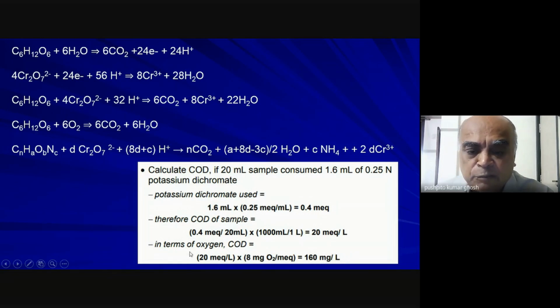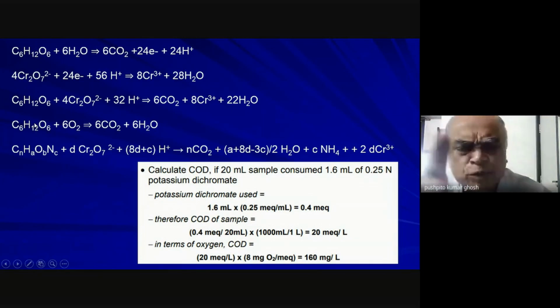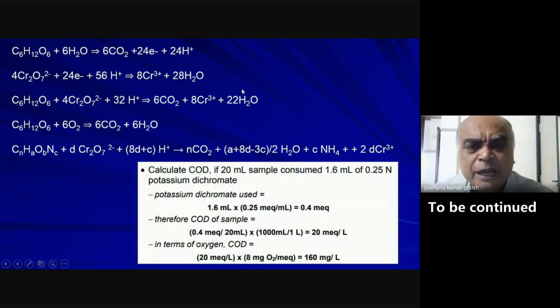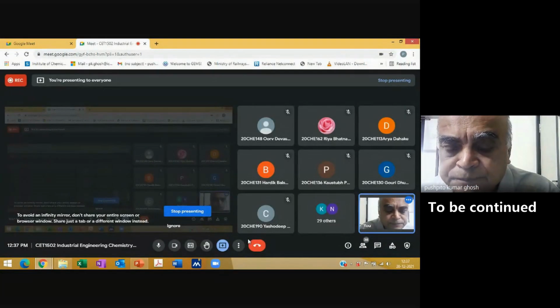So I can express the COD either in terms of my oxygen, or in terms of the MEQ of dichromate. You can just have a look at typically how many electrons are involved in, for example, oxidizing a molecule of glucose, and you can just work out the stoichiometries, and this is the equation that I have already shown you before. All clear?